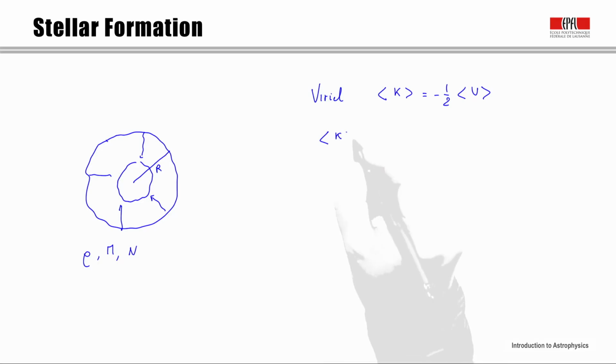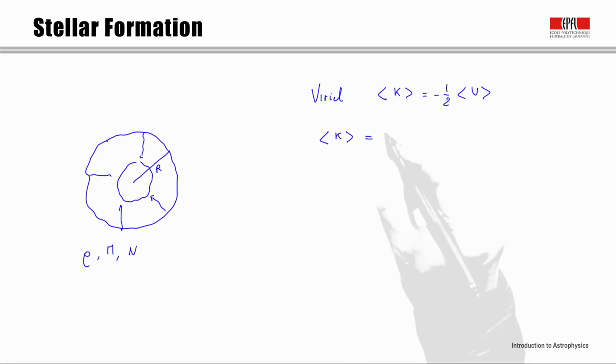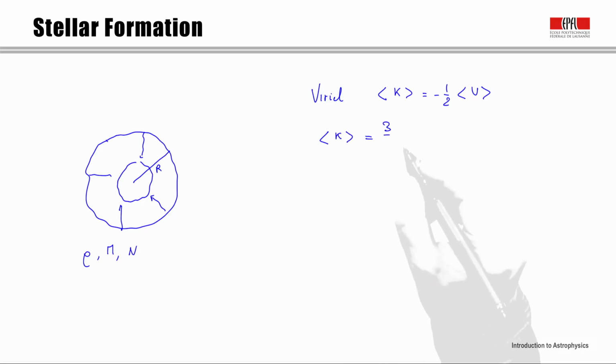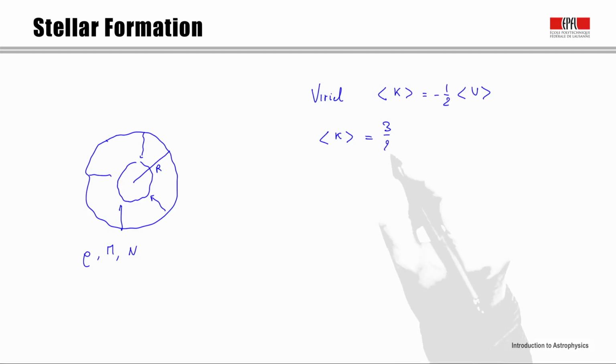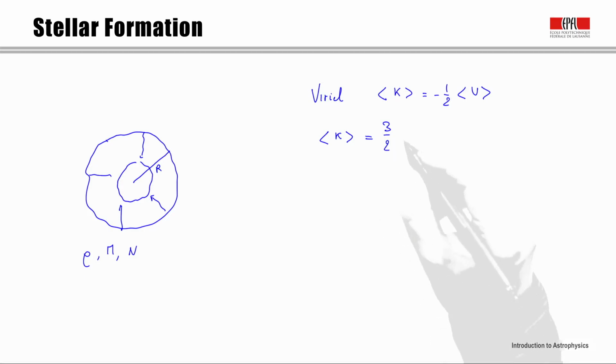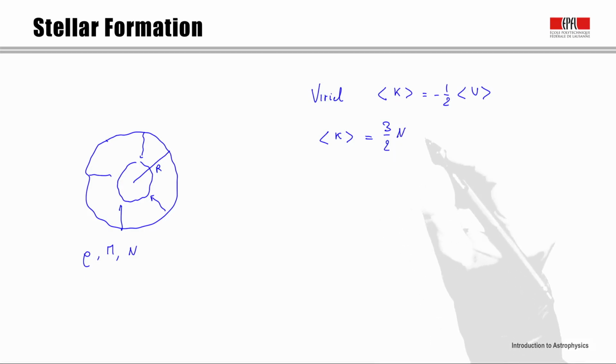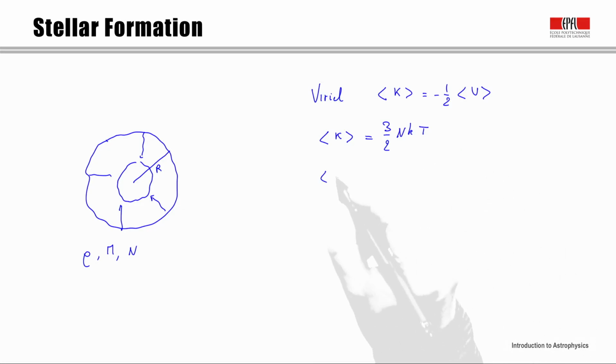We can express the kinetic energy as a function of temperature, 1/2 kT per degree of freedom. A three-dimensional space means 3 degrees of freedom, and N particles leads to 3N degrees of freedom, times k the Boltzmann constant, and T the temperature.